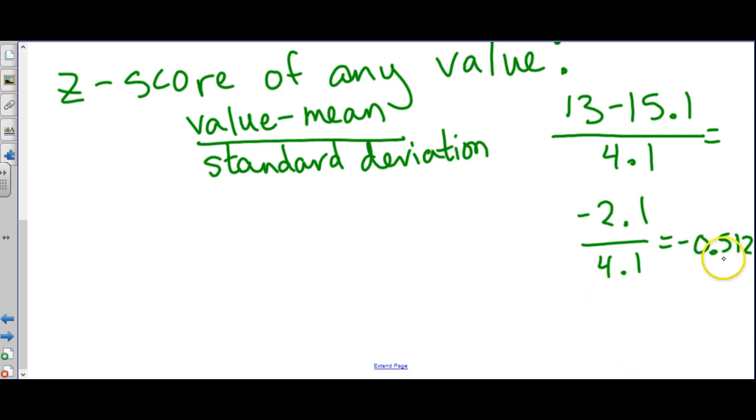They'd probably want you to round to the tenths place, so just negative 0.5. So that has a z-score of only negative 0.5. So your z-scores don't necessarily have to be whole numbers.